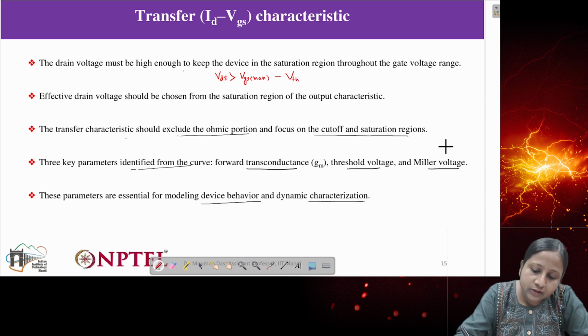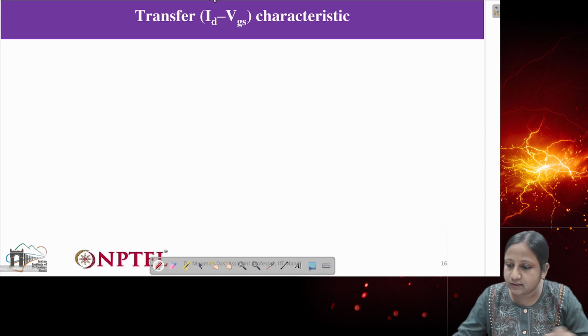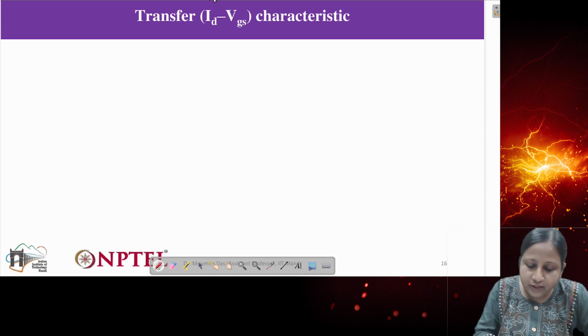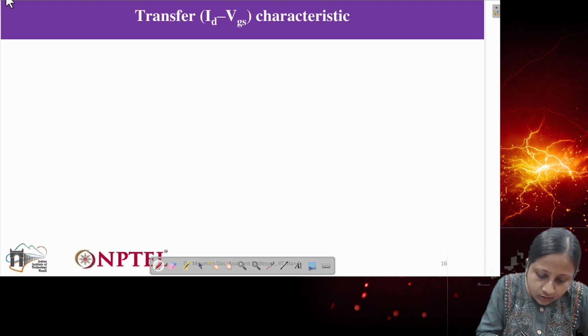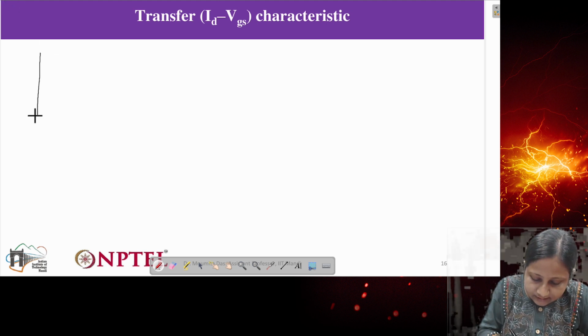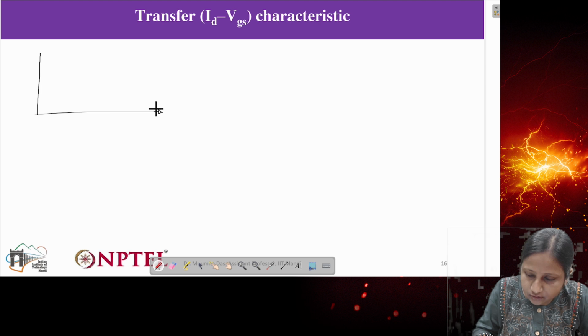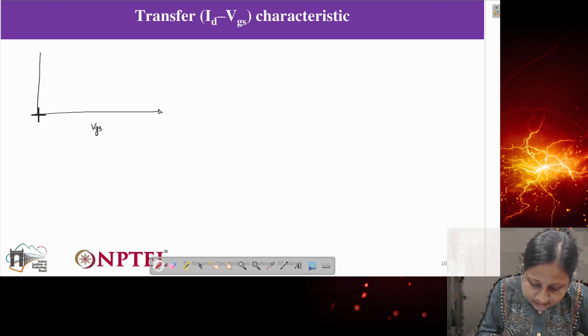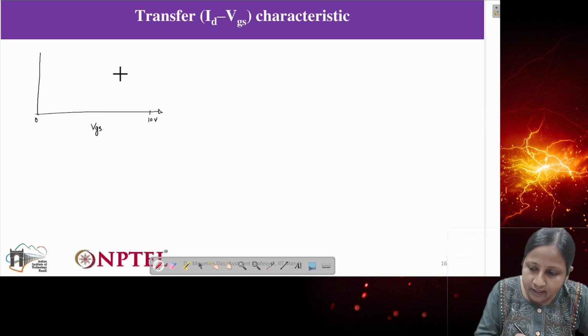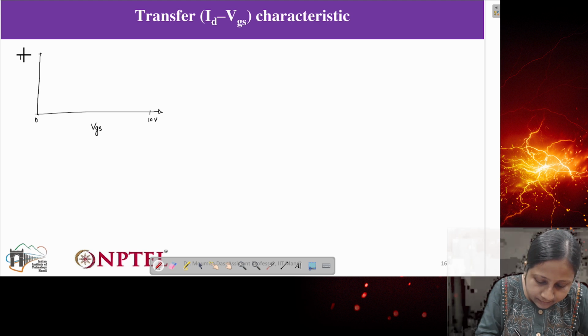Okay, so now let's see how this characteristic looks. We are considering this condition. If we want to characterize the silicon carbide device first, the VGS is varying, let's say, 0 to 10 volts, and ID is varying 0 to, let's say, 100 ampere.